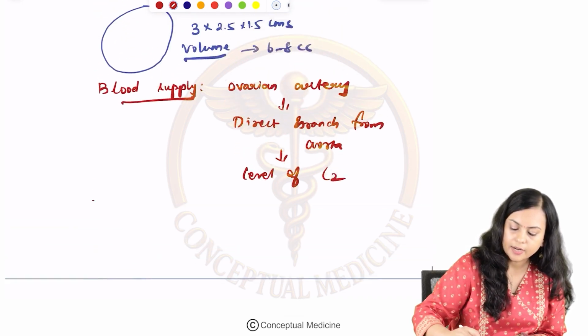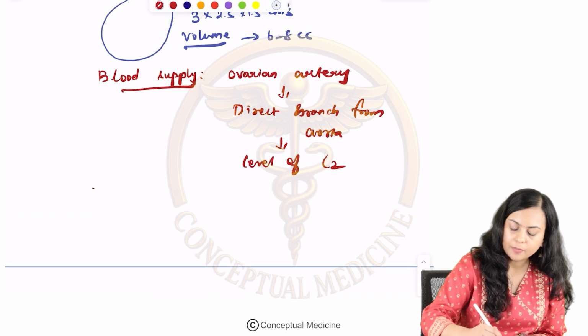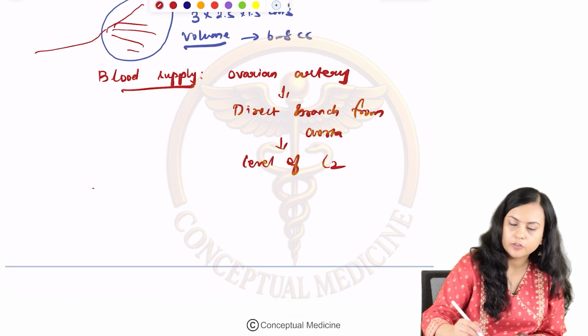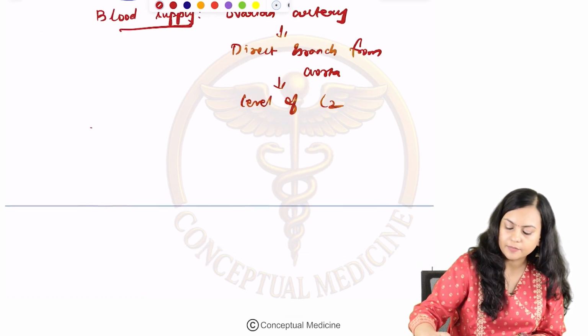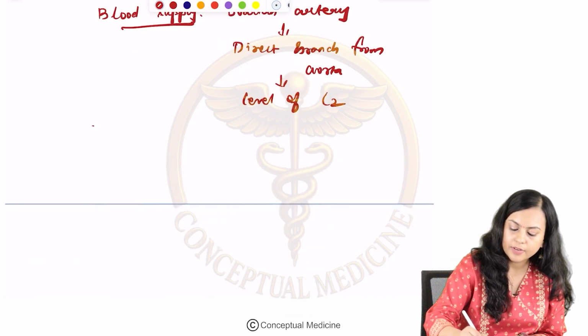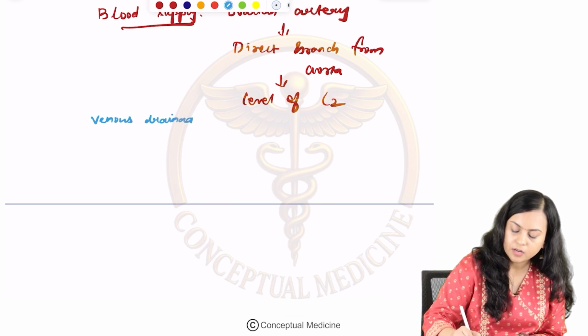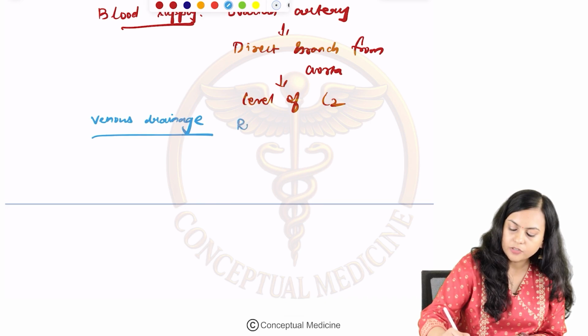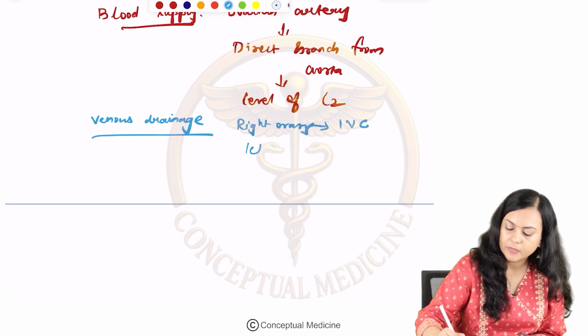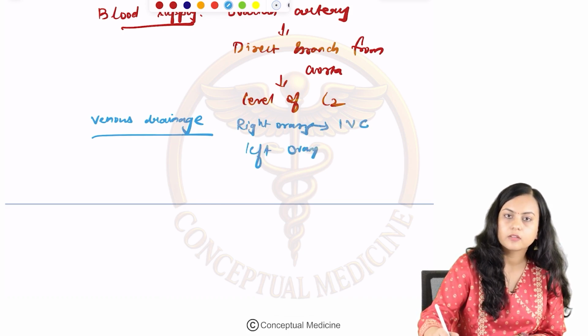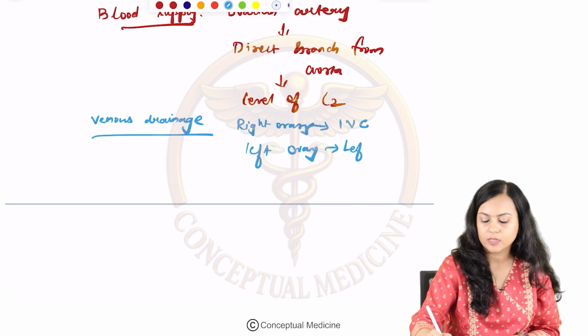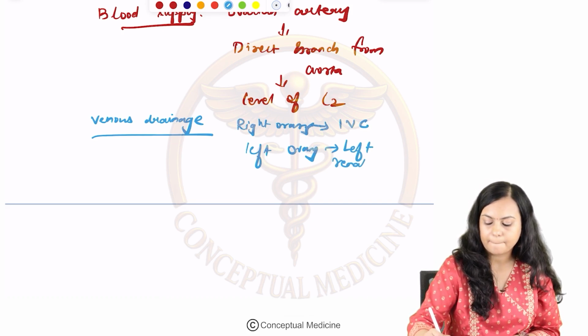So it comes and reaches the ovaries, and in the hilum of the ovaries, this will be dividing into numerous branches and it will be supplying the ovary. Venous drainage of the right ovary goes into the inferior vena cava, and the left ovary goes into the left renal vein.